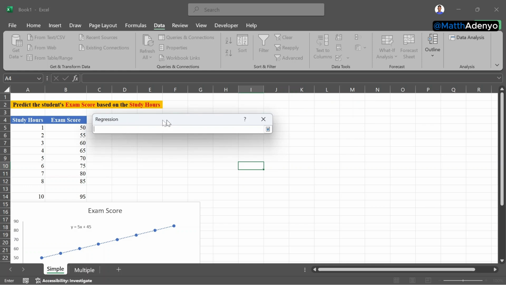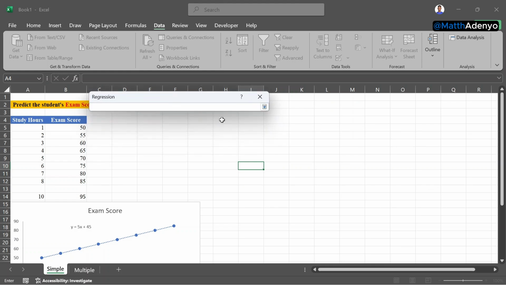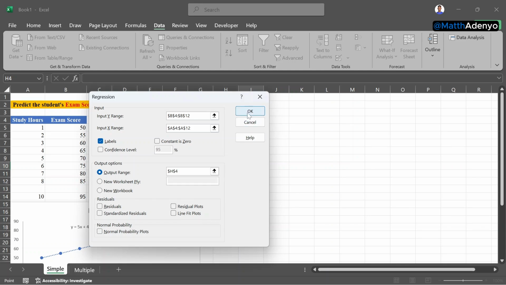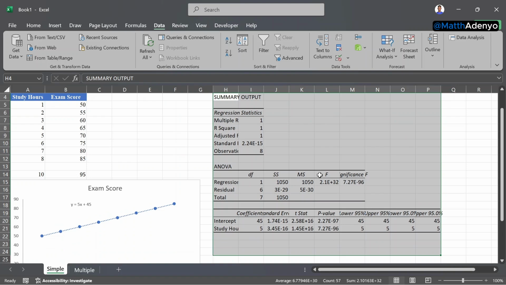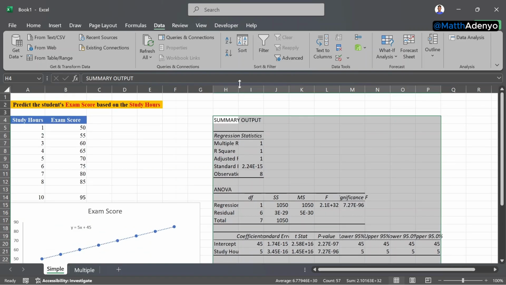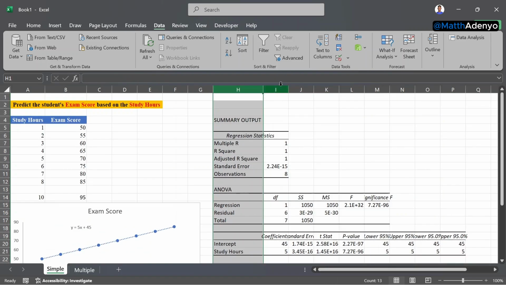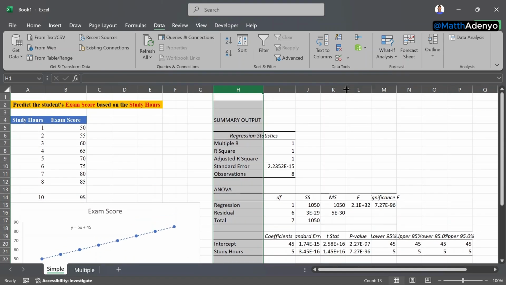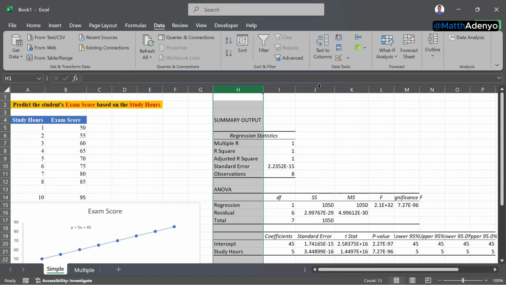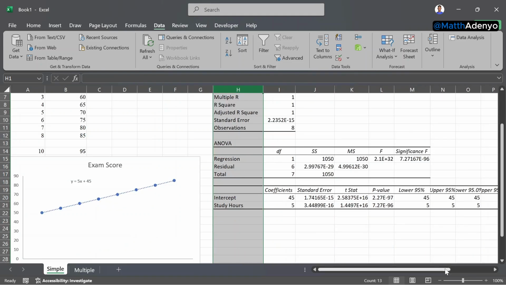Let me pull this one on top, and then let me select this place and click OK. So now all that we need to do is click OK, and then you have your results. So these are the results. Let me expand them, and then you look at them. So this is the result that we have.